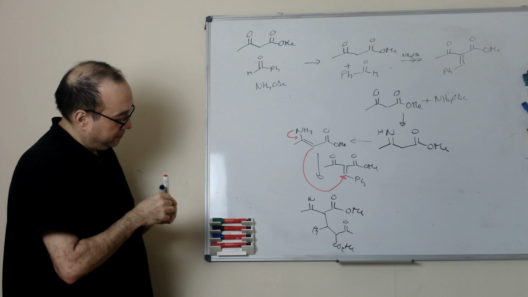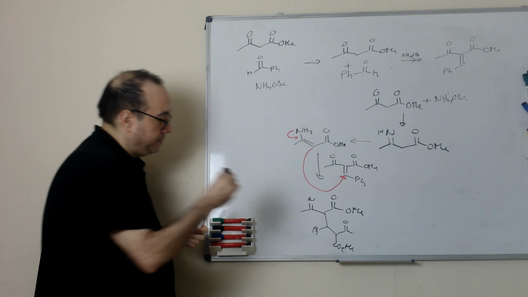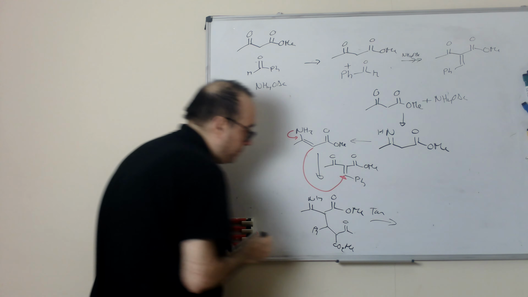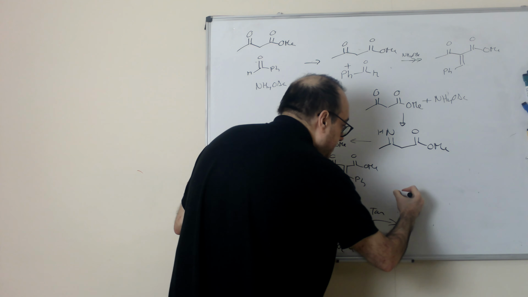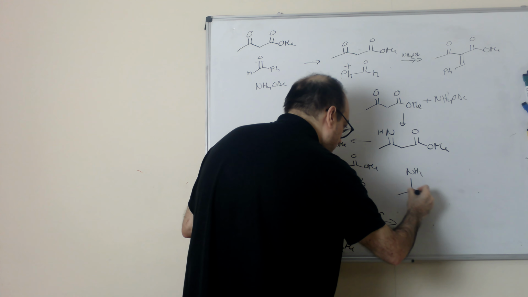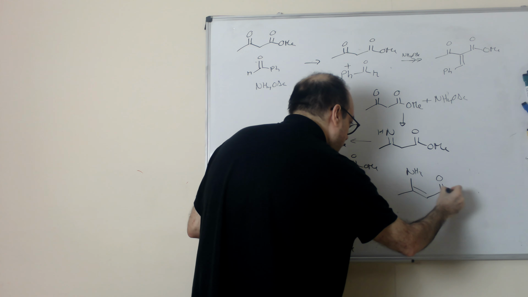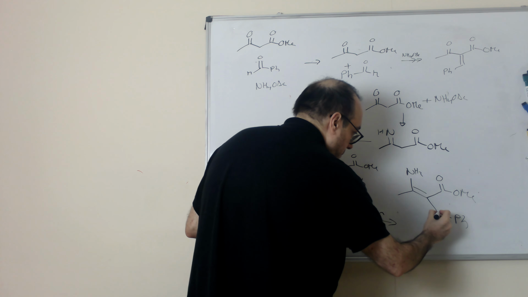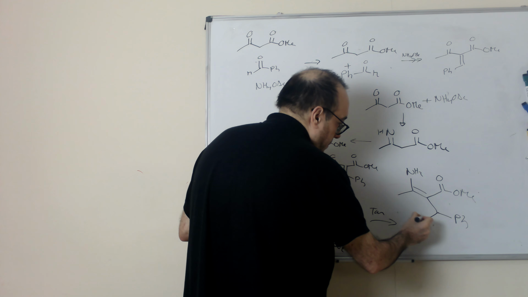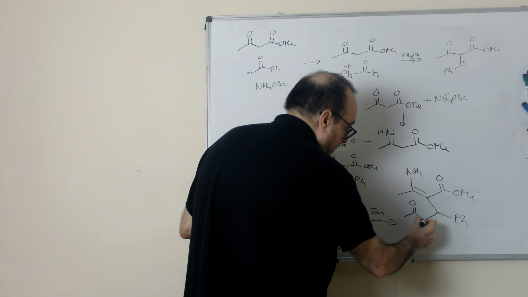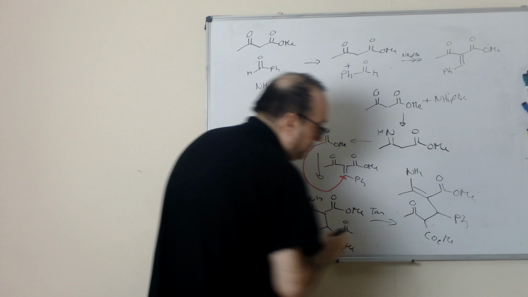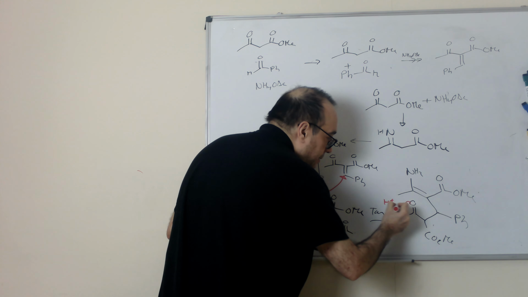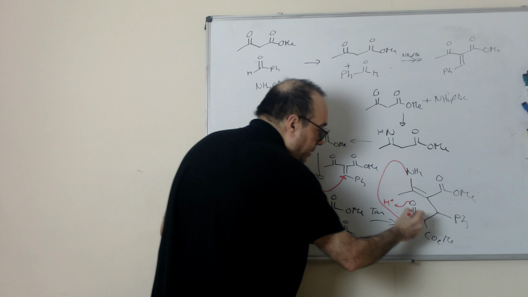Then tautomerization, imine enamine, and what we get is this intermediate, and then we protonate the carbonyl compound, and the imine is doing an enamine.